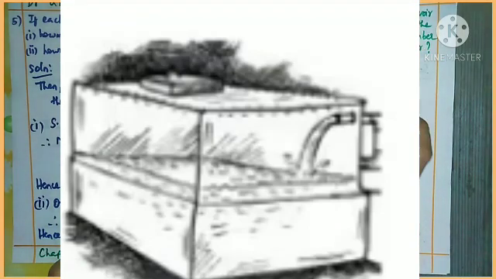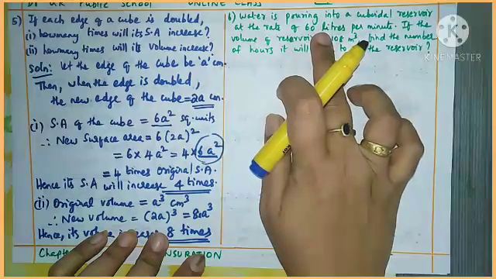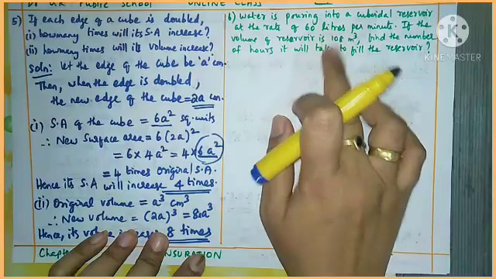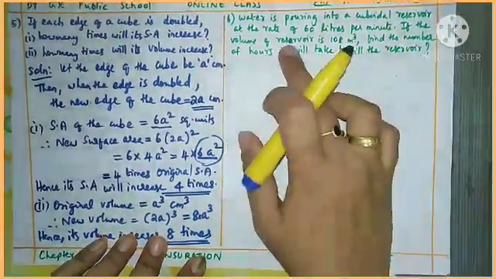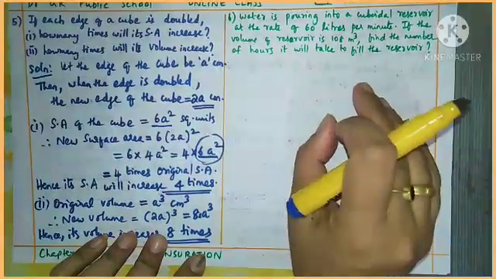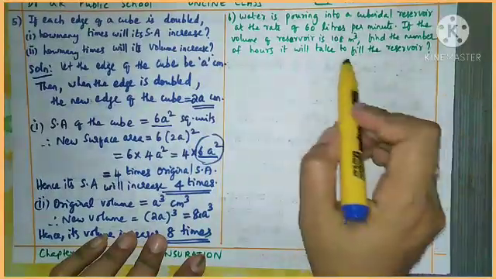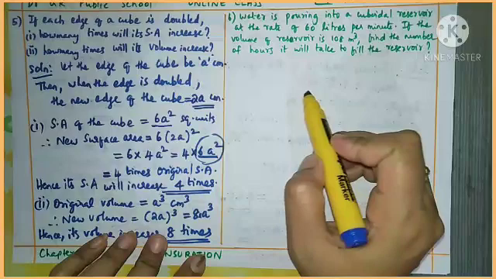And water is being poured into this cuboidal reservoir at the rate of 60 liters per minute. At the rate of 60 liters per minute means in 1 minute how many liters are poured? 60 liters of water are poured into the reservoir. If the volume of reservoir, the total capacity of the reservoir, is given 108 meter cube.